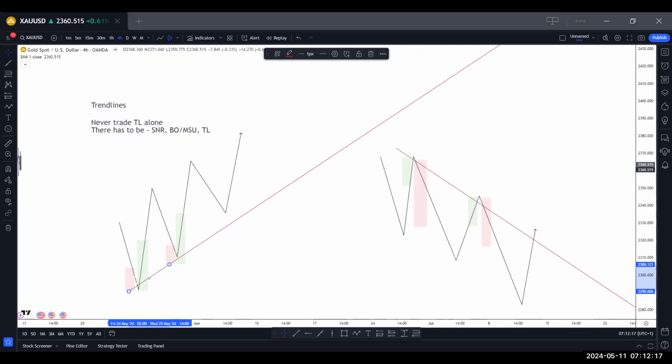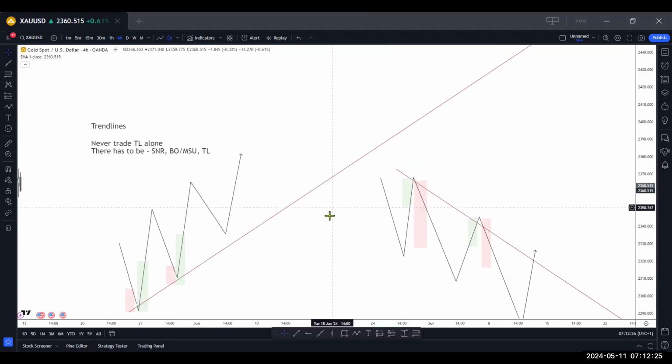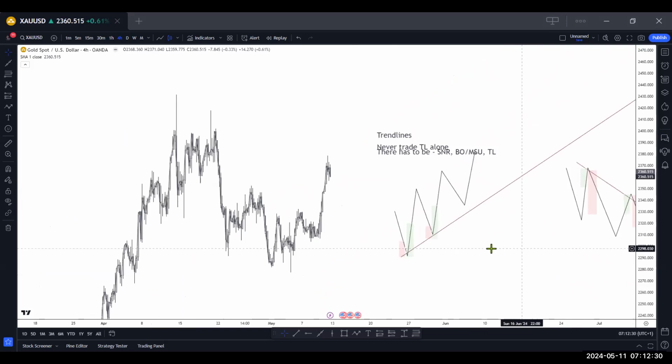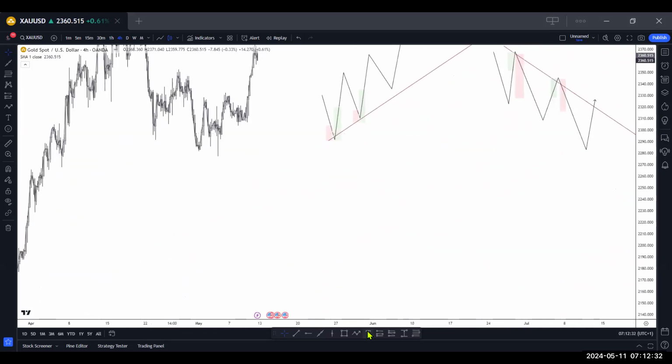Right? So now let's look at types of trend lines. We have type one.